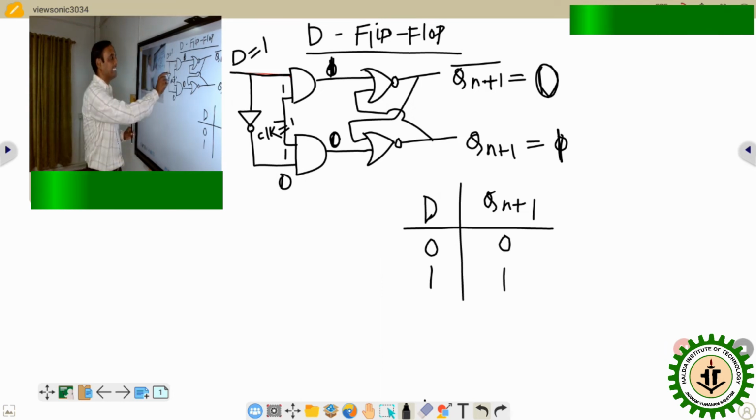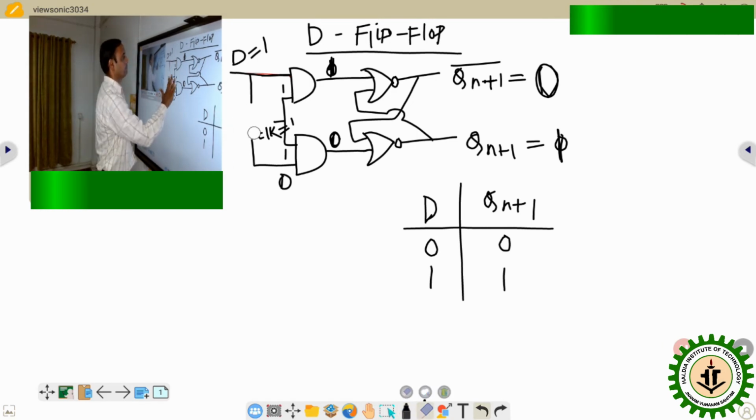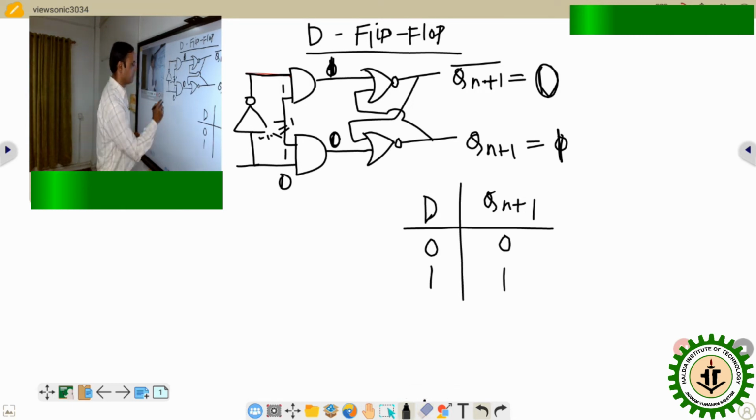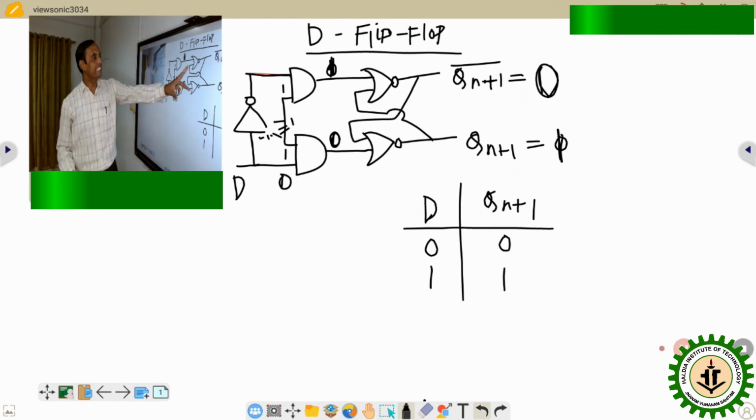Or if we are changing the inverter logic gate, it's like in this way. Then it is not necessary to change the main output and complementary output.